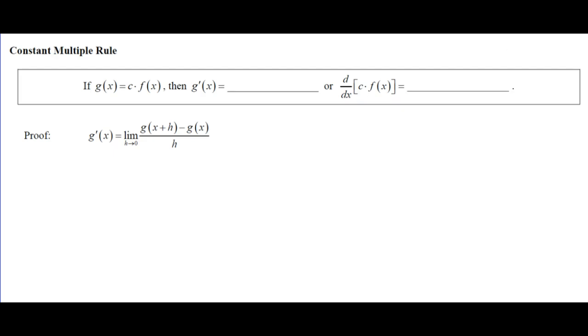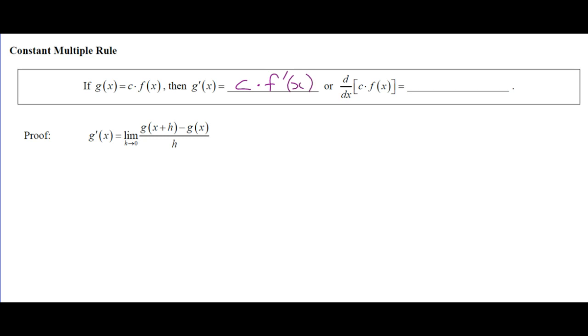The constant multiple rule. If g of x is equal to c times f of x, then g prime of x is equal to c times f prime of x.